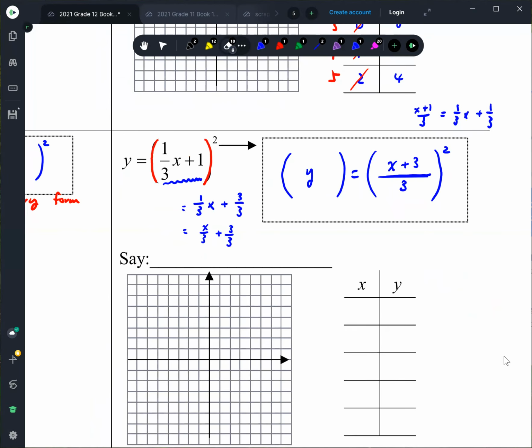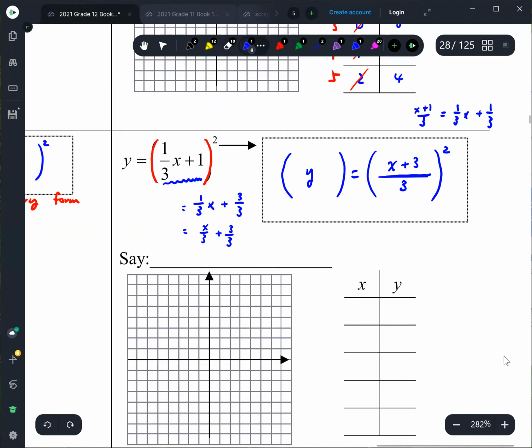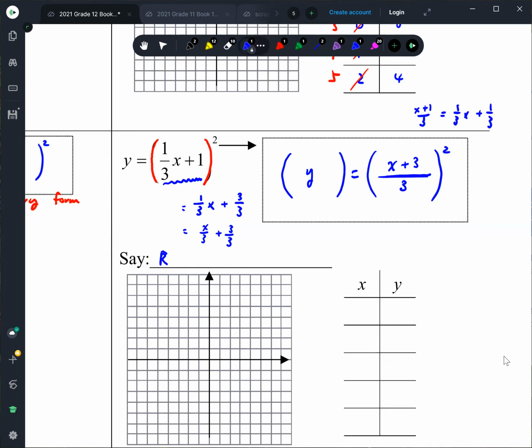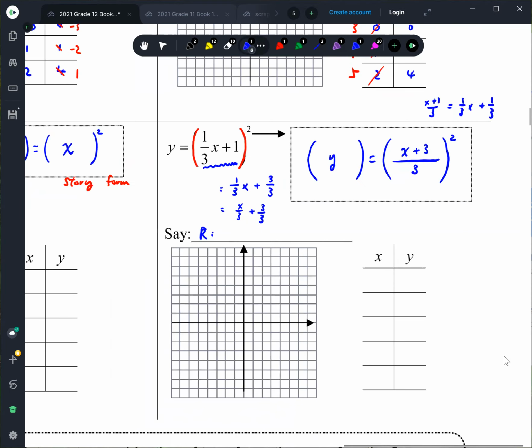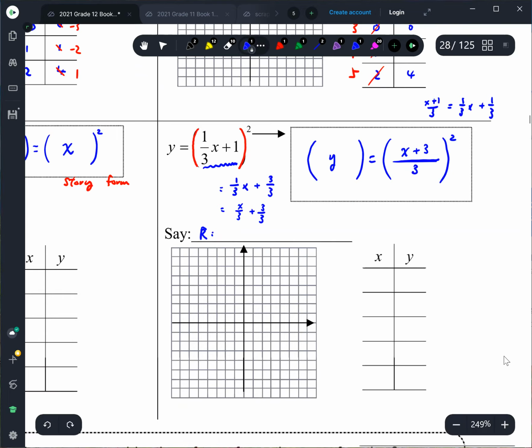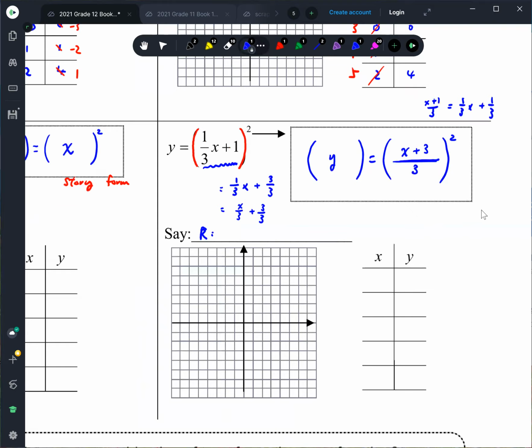Now we want to write out the story. So reflection. This one has no negative, so we can say this one has none. Okay, none.